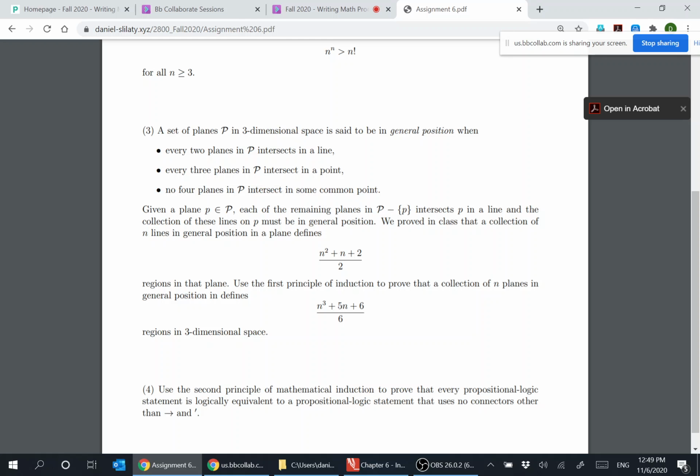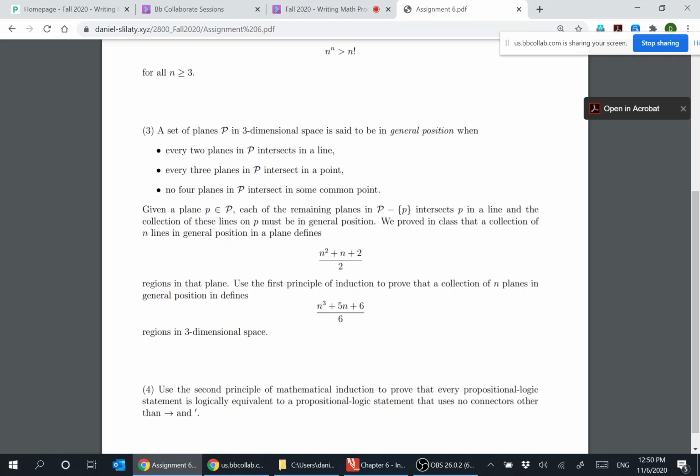So those n lines in general position on plane little p define this many regions on plane little p. But those are the number of regions right here that plane little p passes through. So the total gain in the number of regions from this on n planes is this. And that'll give you the number of regions on n plus 1 planes.